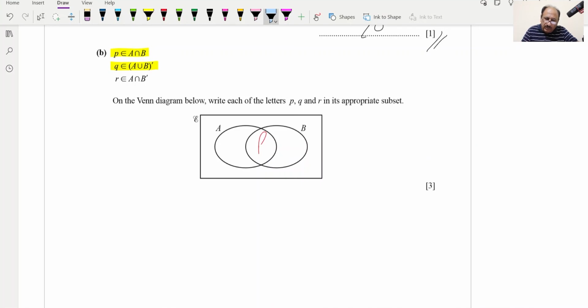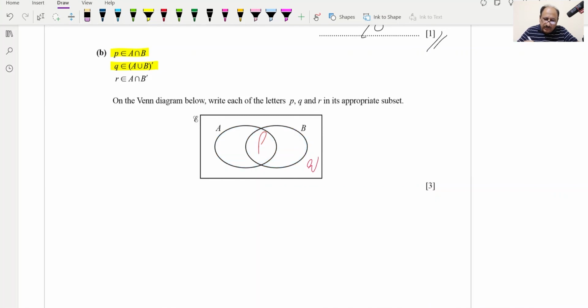B complement, and A union B complement will be, A union B is this whole area. This is A union B. So complement will be outer portion, which is white. So we will be writing Q outside, and we can write Q anywhere outside.